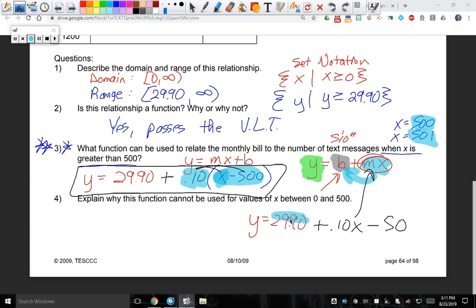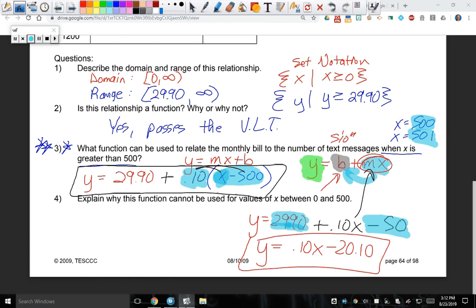And if I combine like terms, this equation will become 0.10x minus 20.10. Now look, this right here that I'm boxing is the same equation as this. Just one looks like it's in point slope form or with parentheses, and the other one looks like what you learned in Algebra 1. But they both mean the same thing.